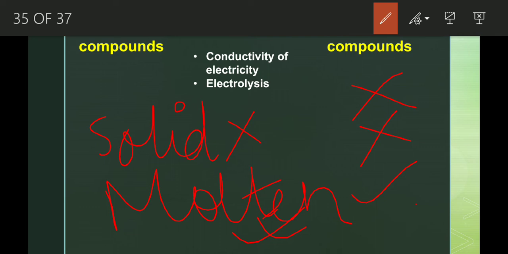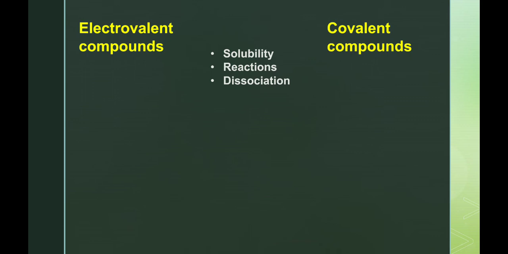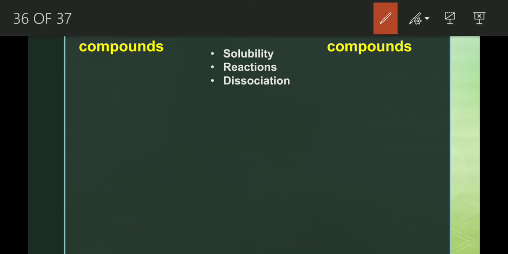Clear? Now let's see. Next comes solubility. Electrovalent compounds are soluble in water, but insoluble in inorganic solvents. On the other hand, covalent compounds are insoluble in water, but soluble in inorganic solvents.